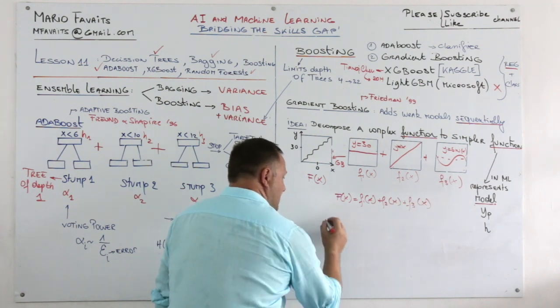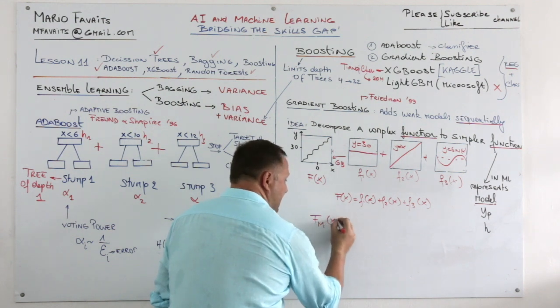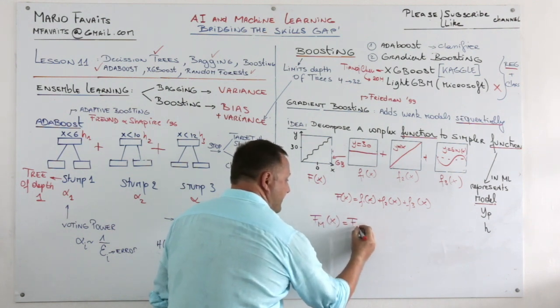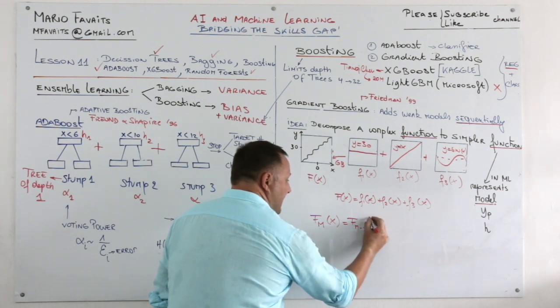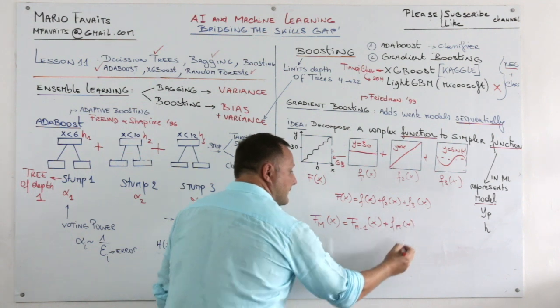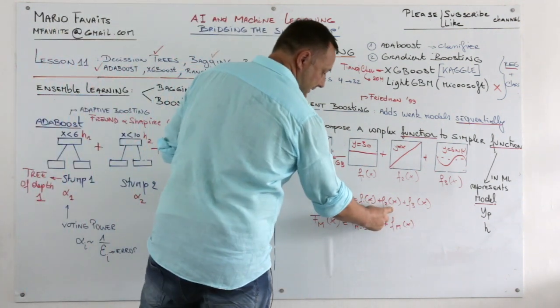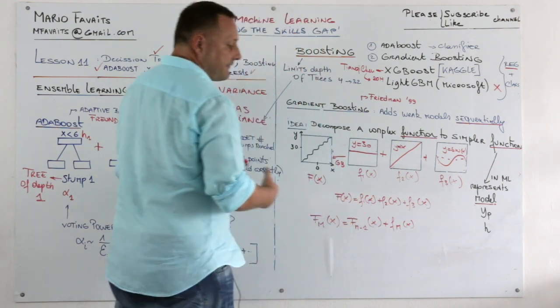Or, more in general, fm of x equals fm minus 1 of x plus fm of x.